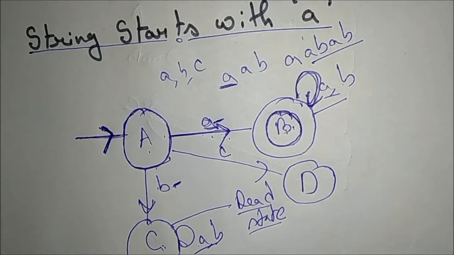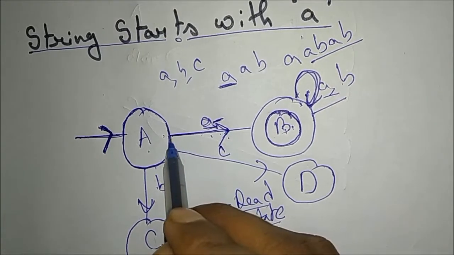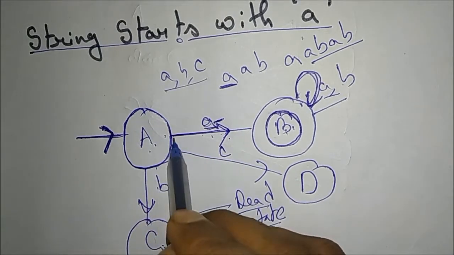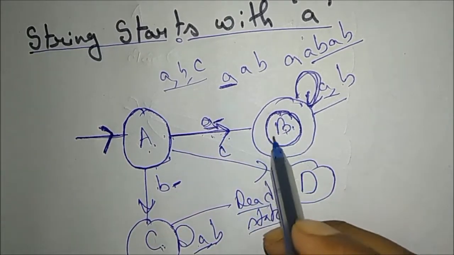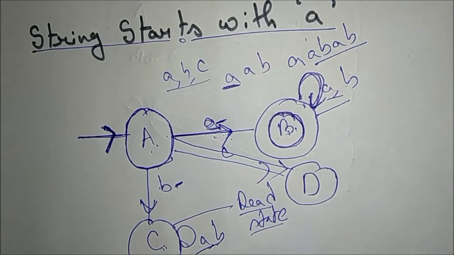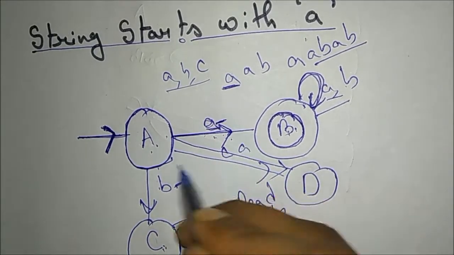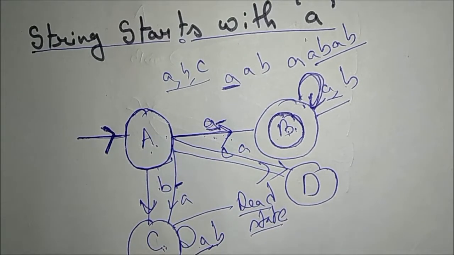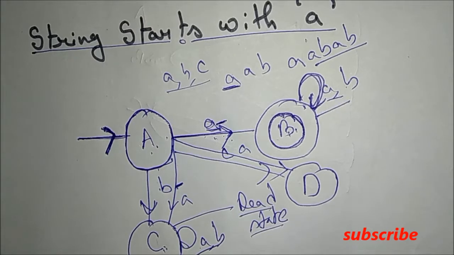Now what is the difference between deterministic and non-deterministic? In non-determinism, for example, A is going to state B. Now it can happen that A is again going to state D, or A is again going to state C. That is the meaning of non-determinism. Non-determinism means that from any state, an input can show various paths, going to various states.